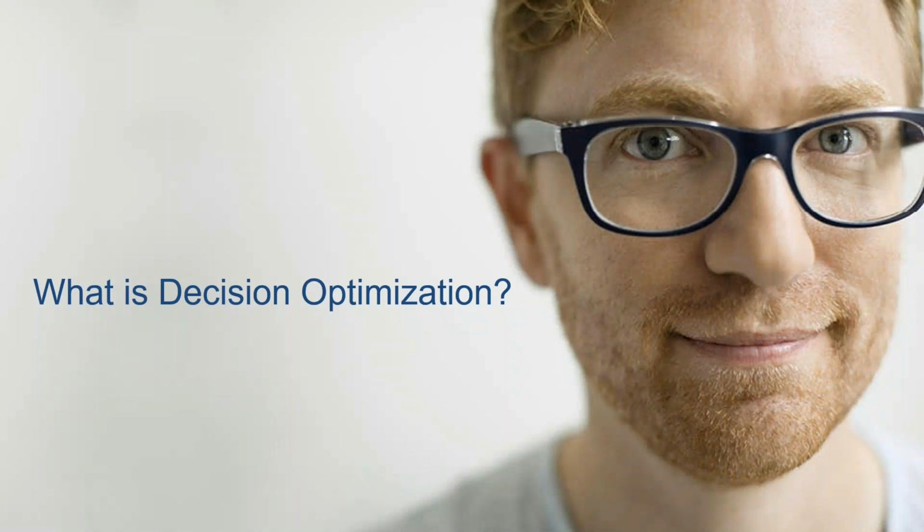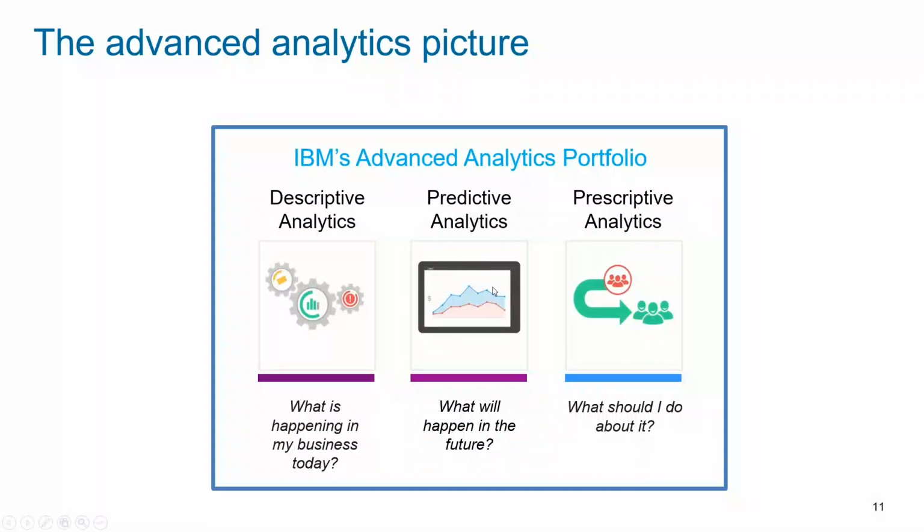Now, what is decision optimization? If you look at the IBM Advanced Analytics portfolio, you start with descriptive analytics, which is basically Cognos and the other descriptive tools like Watson. You go to predictive analytics, which is Watson Studio, SPSS Statistics, SPSS Modeler, and then you go to prescriptive analytics, which is the optimization that we'll discuss.